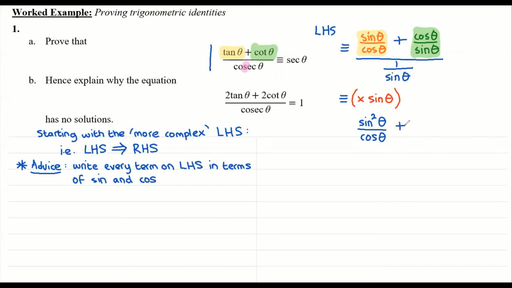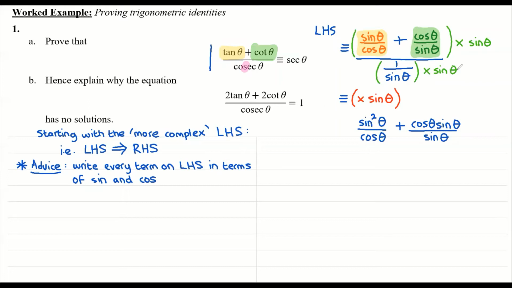And then I'm going to have cos theta sine theta over sine theta. I'm just going to stress again what I'm doing. So I'm taking all this, multiplying it by sine theta, and then I'm going to take the denominator and multiply that by sine theta. I have to do the same to top and bottom because I don't want to change the fraction in any way.